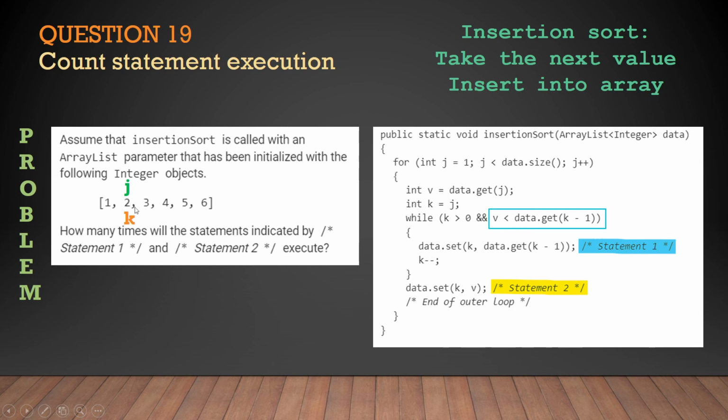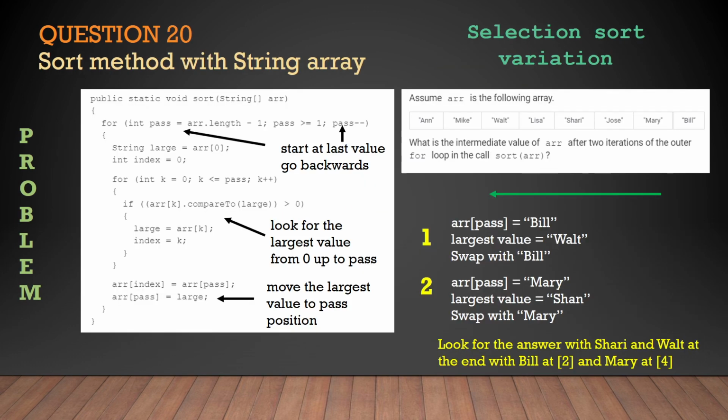The value here is not less than this one, the value here is not less than this one, the value here is not less than this one. So in this case it doesn't really work. This inner loop doesn't get run. The outer loop will get run every single time for the J to move along. 1, 2, 3, 4, 5. So the answer for this one would be 5 and 0. Okay.